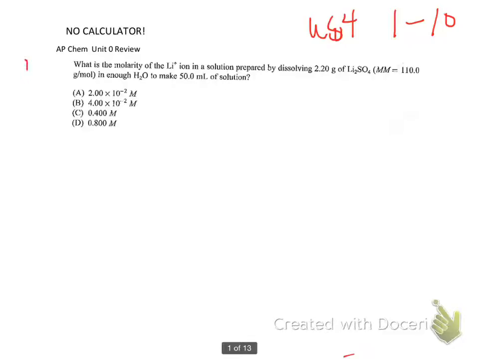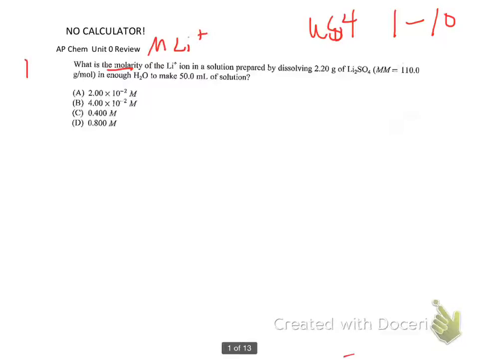So question 1 says, what is the molarity of lithium ions in a solution prepared by dissolving 2.2 grams of lithium sulfate? We're given the molar mass, in enough water to make 50 milliliters. Okay, so we're looking for the molarity of the lithium ion.